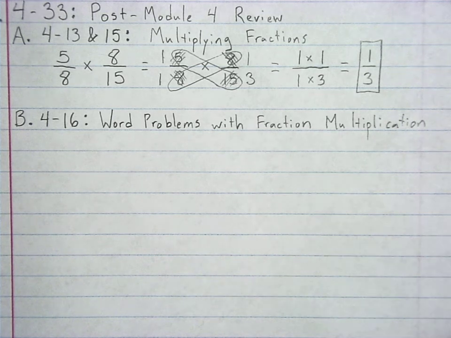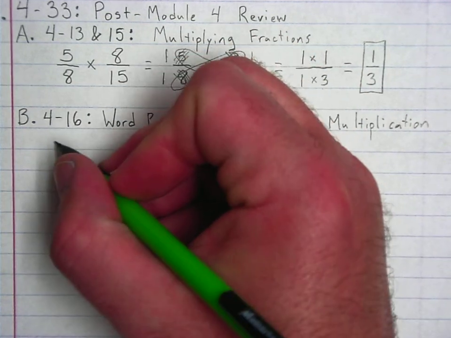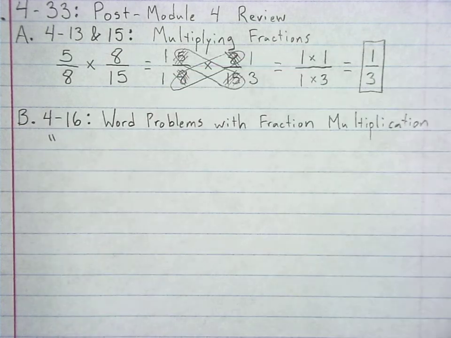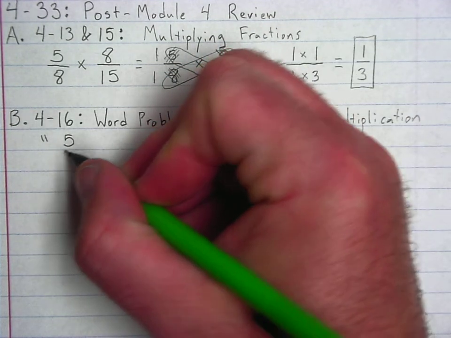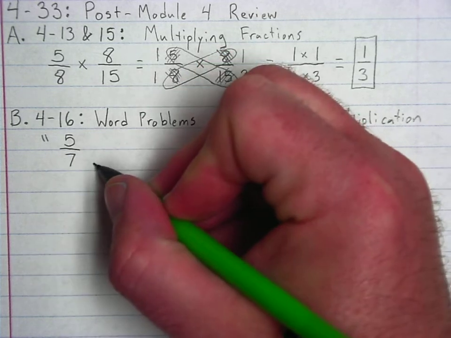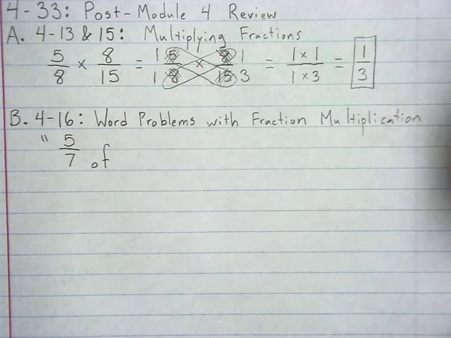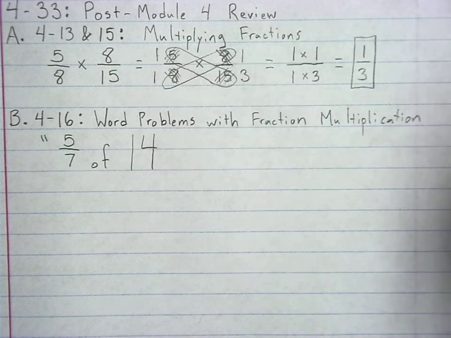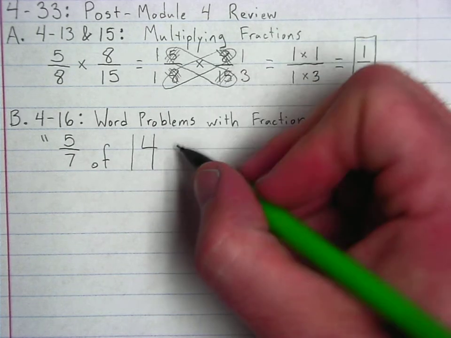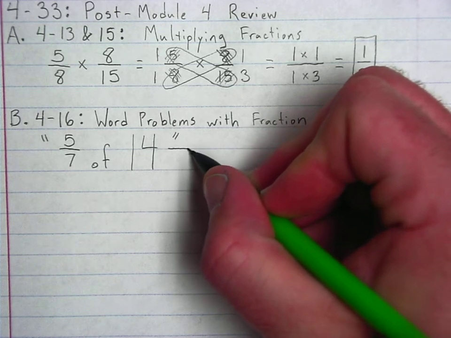So I'm not going to write out a full word problem. I don't think any of you are interested in that right now. But I will give you a phrase, something pretty common that you might see. 5/7 of 14, I don't know, 14 walnuts, 14 staplers. Doesn't really matter. With a real word problem, it would.